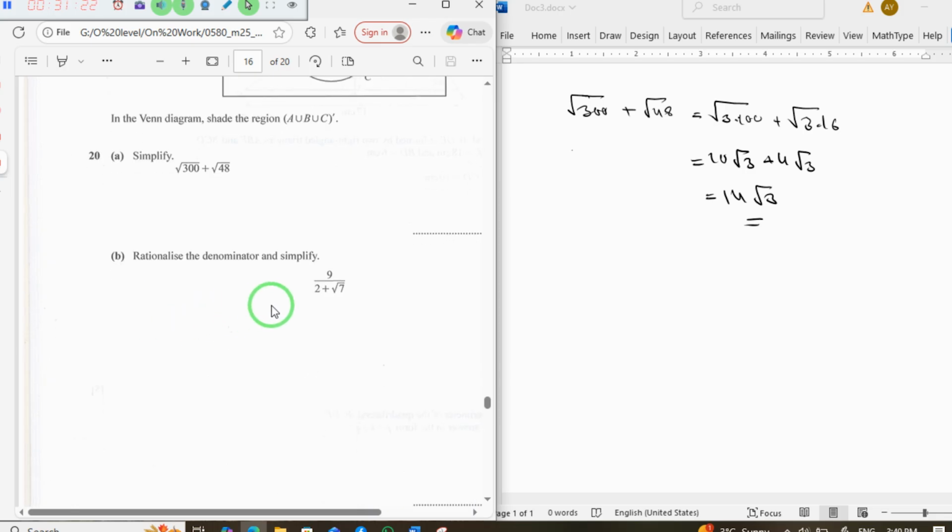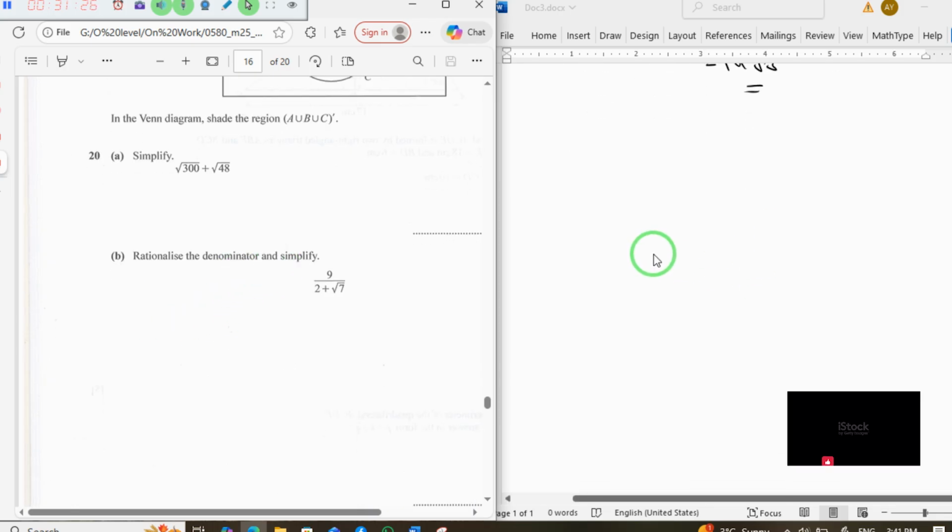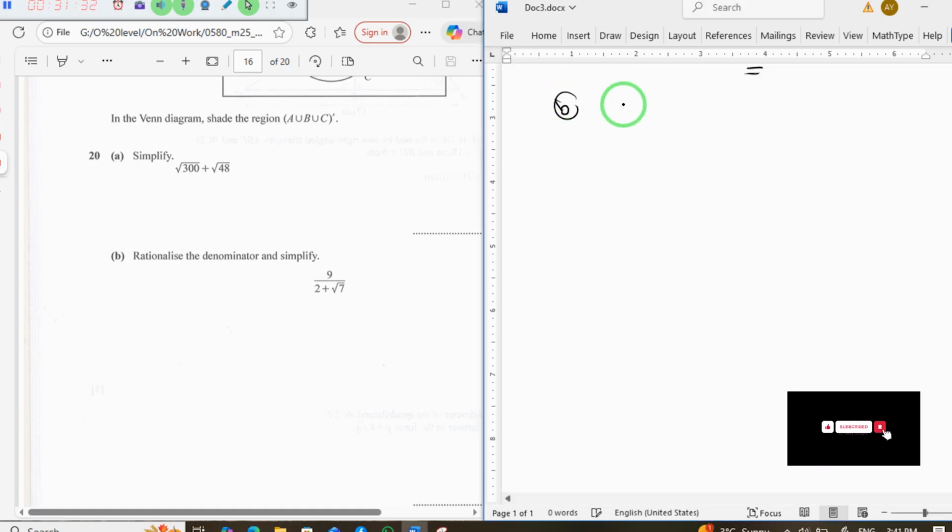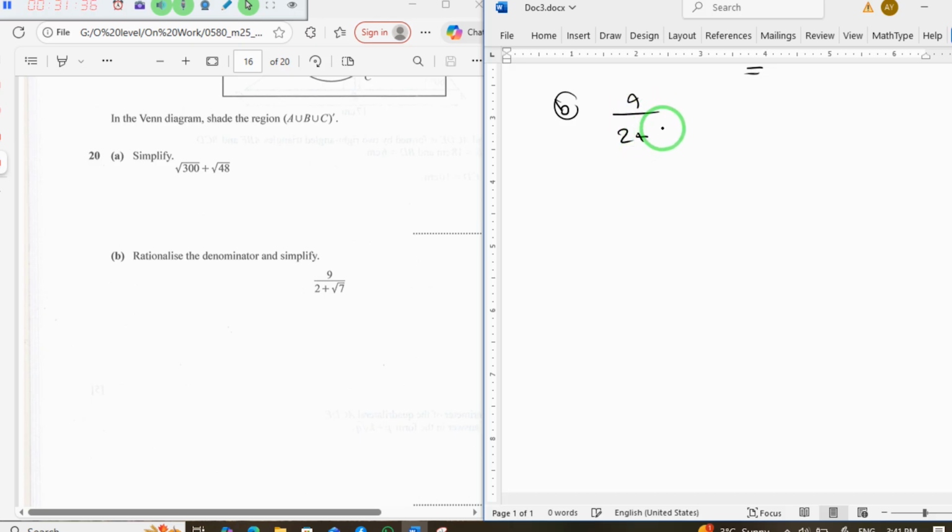Part A and part B: you should rationalize the denominator and simplify. Here we write part B: 9 over 2 plus square root of 7.